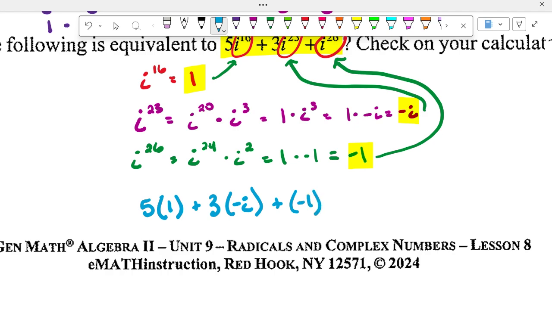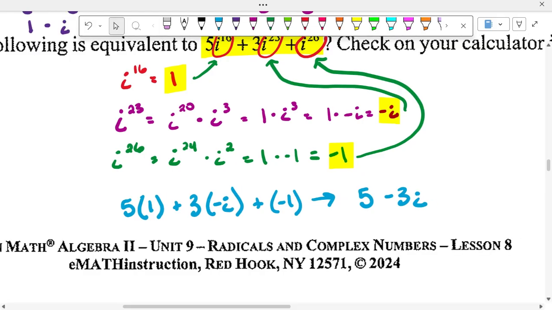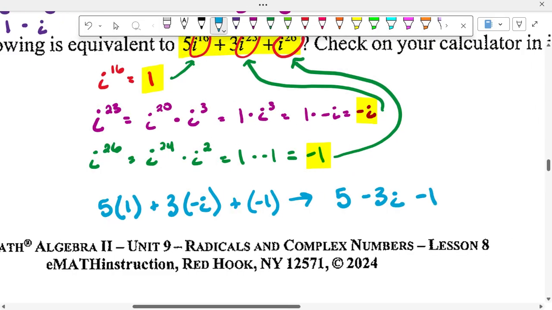Now we're going to do some simplifying. What's 5 times 1? What's 3 times negative i? Negative 3i. And then minus 1.